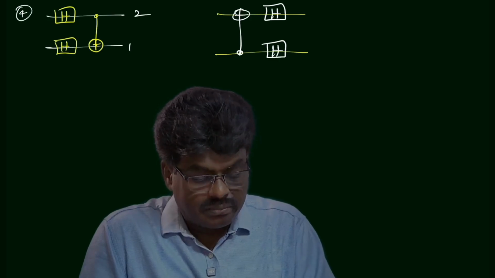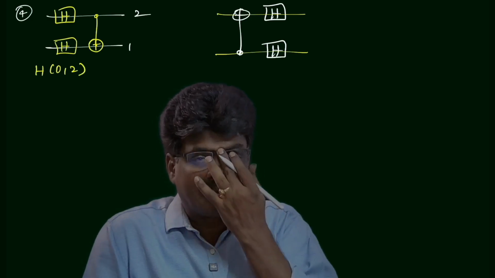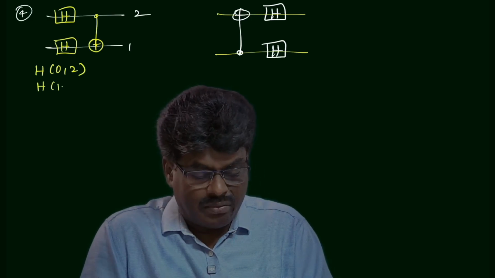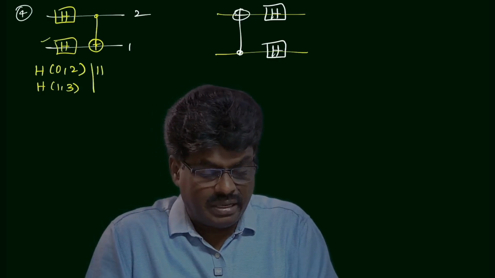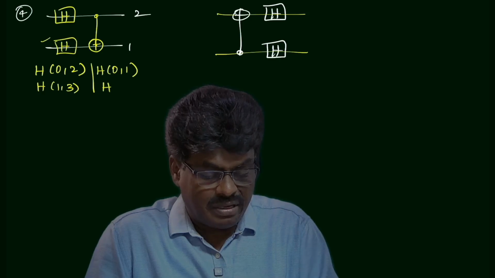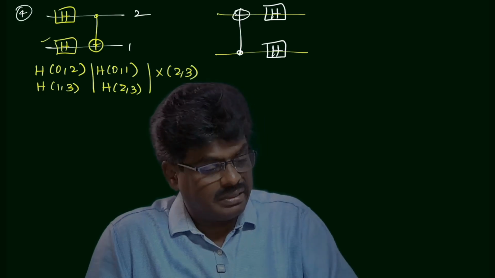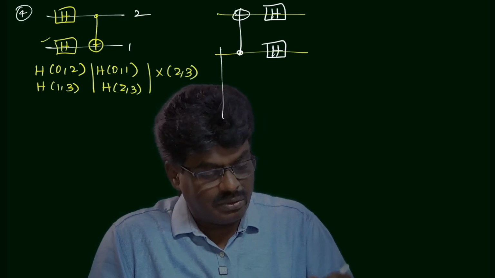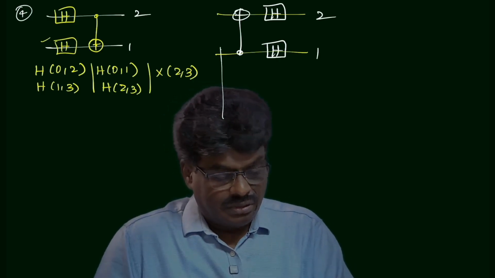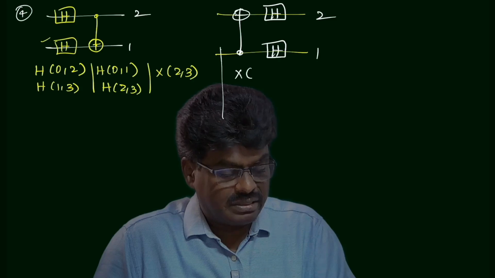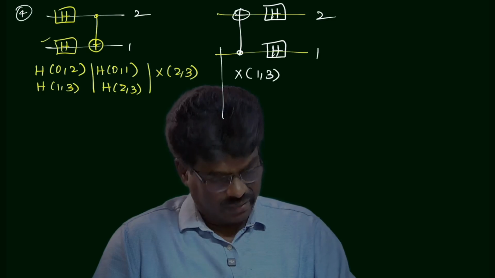Okay, so first H I am taking operations 0 comma 2, and we have to add 1 comma 3, and the next H, second H is also there, H of 0 comma 1, H of 2 comma 3, and X of 2 comma 3. So close here and come to this 1 and 2. You can write initially like this, operations 1 comma 3, because it is 1 to 2, 1 comma 3.